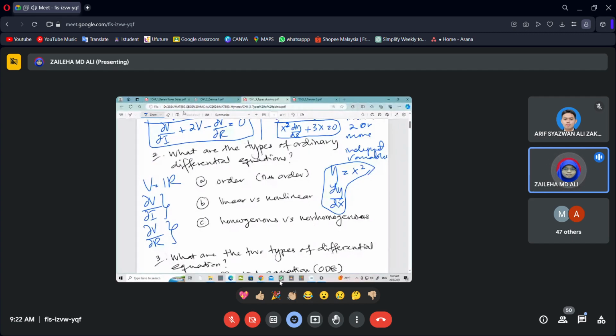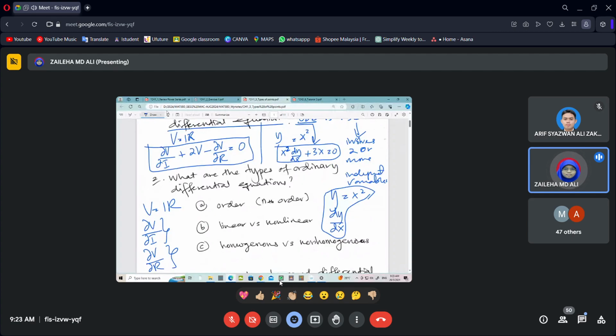Kalau ada 3, katalah I, R, J lah kononnya, then we have voltage with respect to J pula. Tapi we don't have this in our formula, betul tak? Right. So, whenever you have an equation regarding dependent with the derivative, kita namakan dia partial derivative.